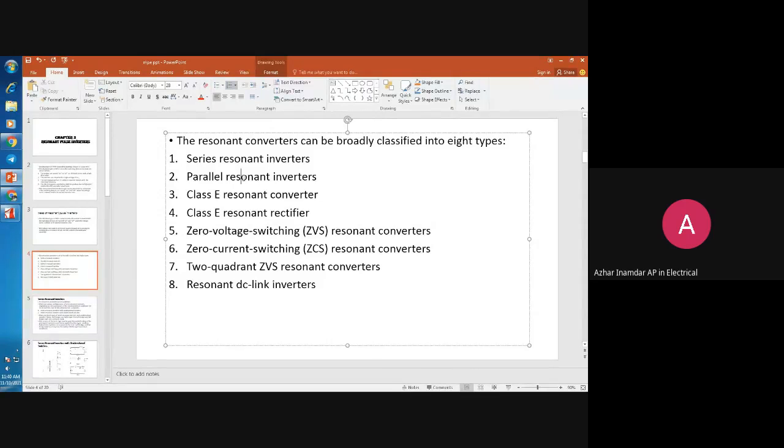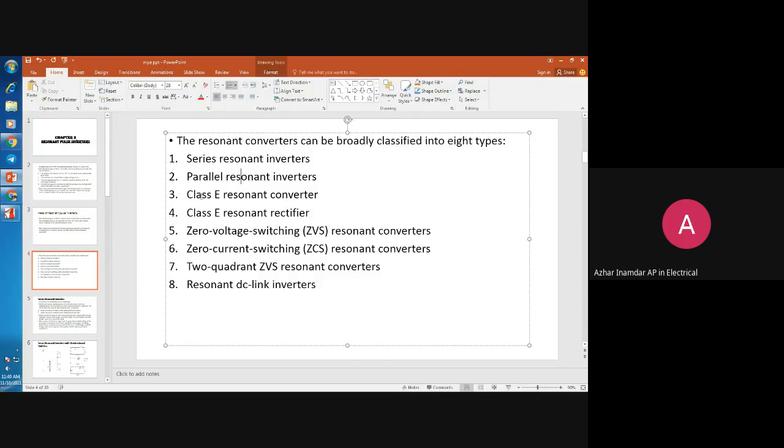So these types of inverters are used in producing high frequency output voltage or output current, and these are often used as an intermediate between DC source and the DC power supply. In this case, the voltage is stepped up with a high frequency transformer and then rectified to a DC power supply. So these are for the series and parallel topology.